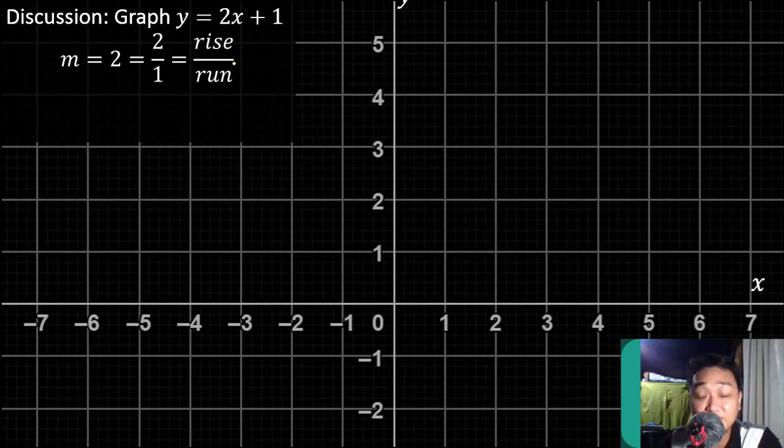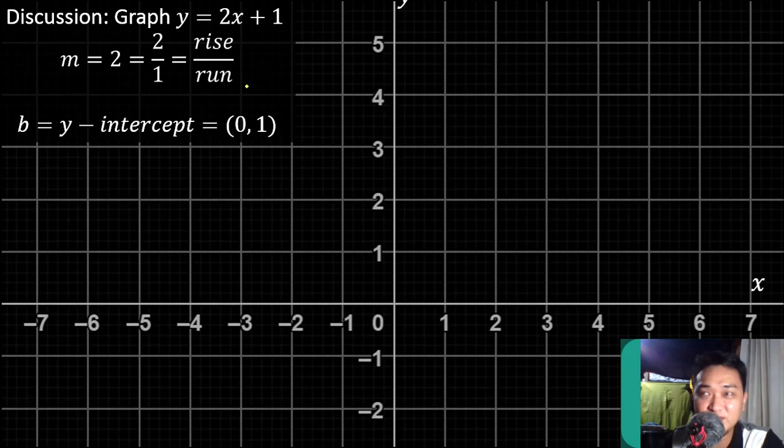And how many run, or how many right, since it is positive. It would be different if 2 were negative, then it would be how many down. If 1 were negative, then how many left. Since 2 and 1 are positive, the rise or up is 2 units, and the right is 1 unit.